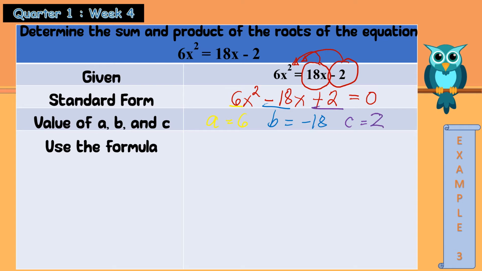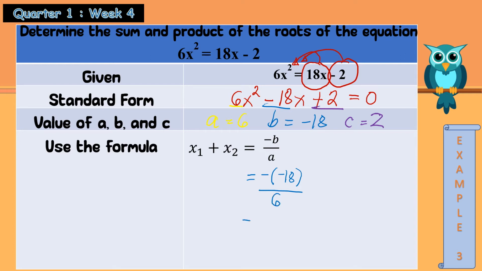Okay, so we already identify the values of a, b, and c. So let us use our formula to determine the sum of the roots of the given equation. So again, for the sum, we have to use negative b divided by a, so that is equal to negative times the value of b here, negative 18, divided by a, the value of a here is 6.